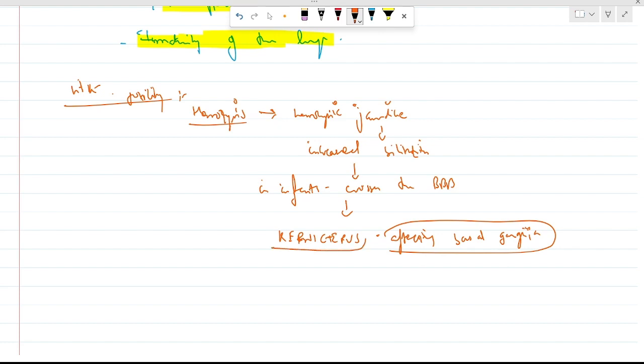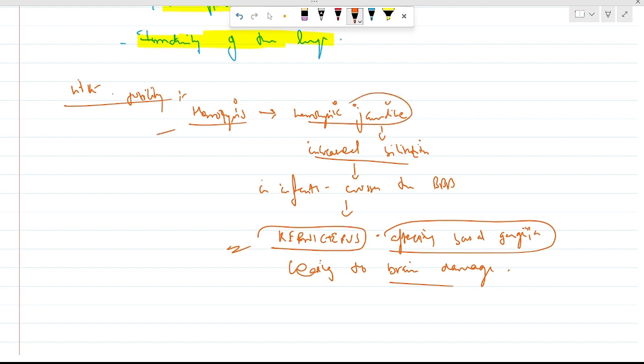This condition is called kernicterus, leading to brain damage in infants. The condition is called kernicterus, due to increased bilirubin from hemolytic jaundice, as hemolysis occurs in vitamin K toxicity.